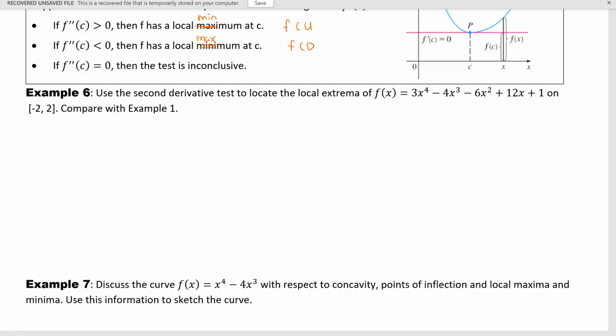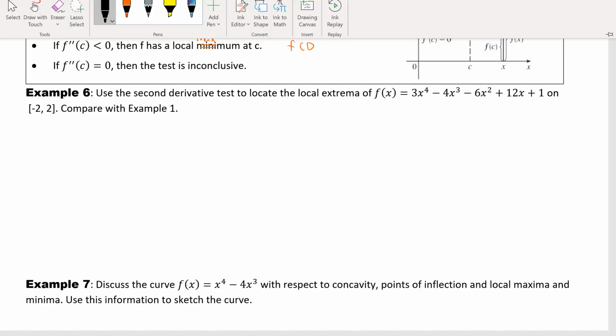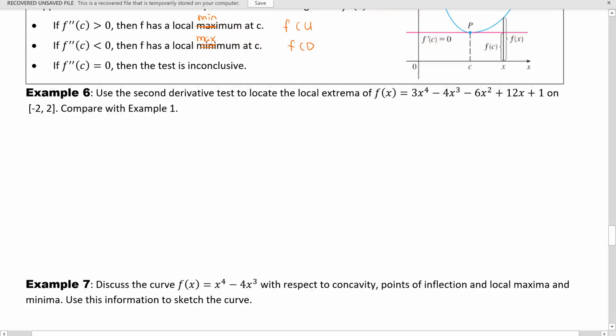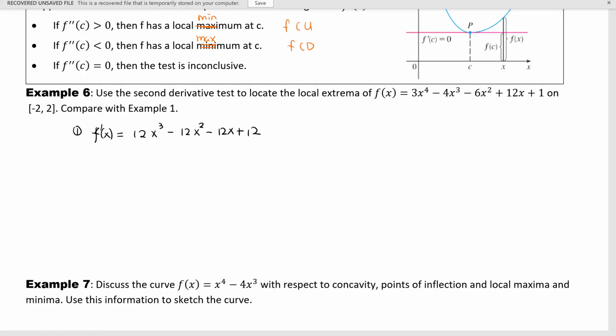Okay, so let's use the second derivative test and see what happens. Okay, first step, f prime is 12x cubed minus 12x squared minus 12x plus 12.